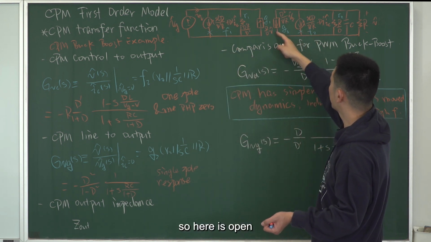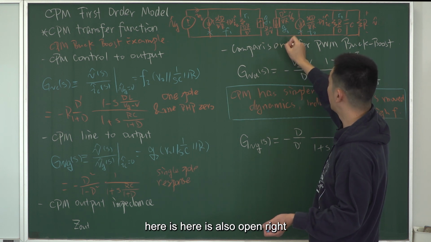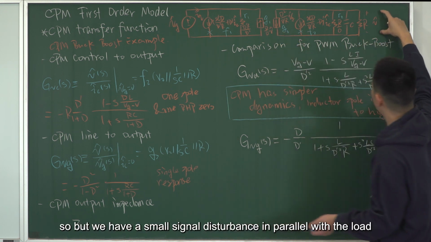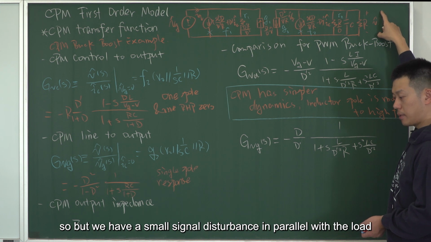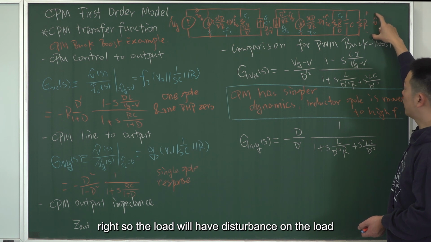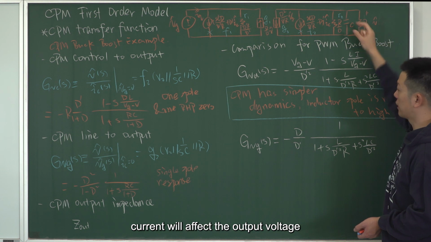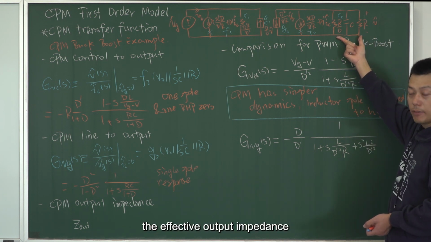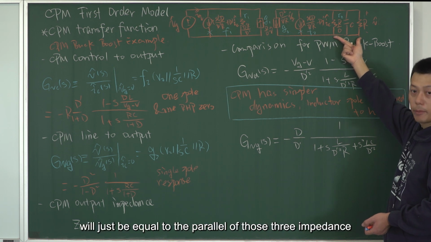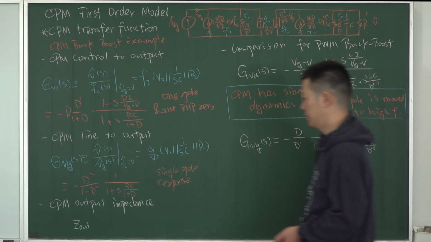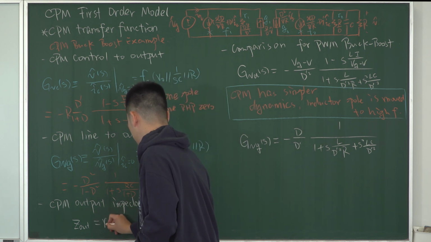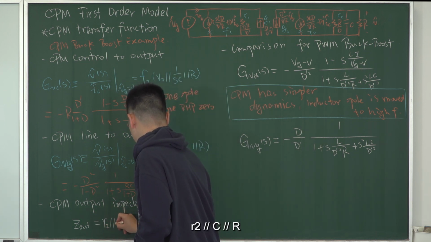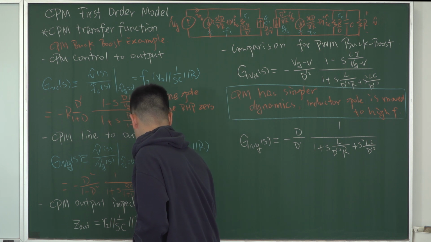So here is open, here is also open, but we have a small signal disturbance in parallel with the load. The disturbance on the load current will affect the output voltage. So the effective output impedance will just be equal to the parallel of those three impedances: R2 parallel with C parallel with R.